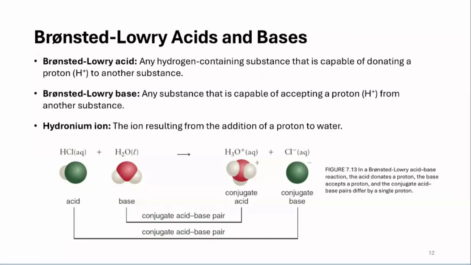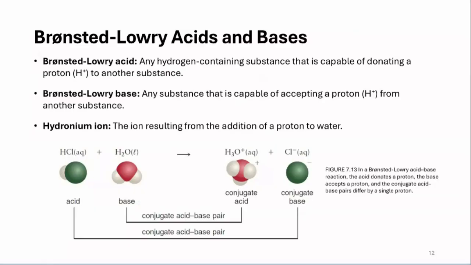The formal charge of H3O is positive 1. That makes sense because you are accepting a hydrogen that is positive 1. Since water is neutral, if you're accepting a hydrogen that is positive, that's why the formal charge is changing. Since water accepted the proton, water is categorized as a base in this reaction.